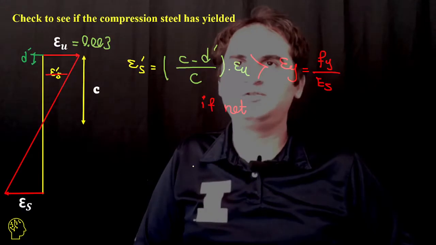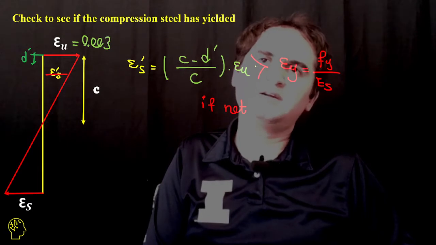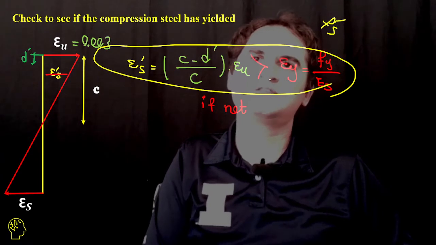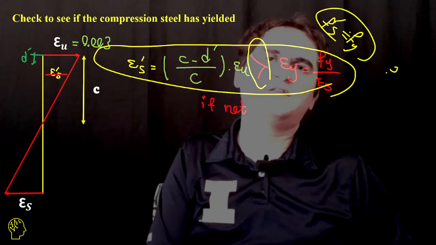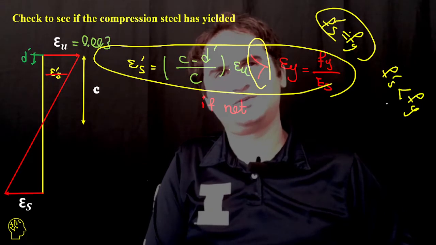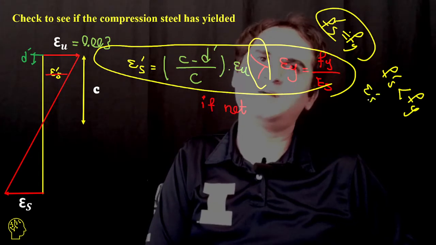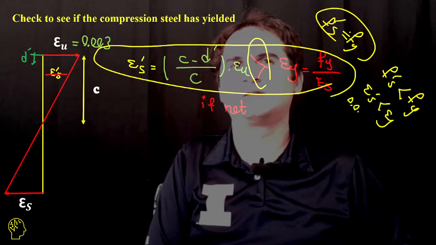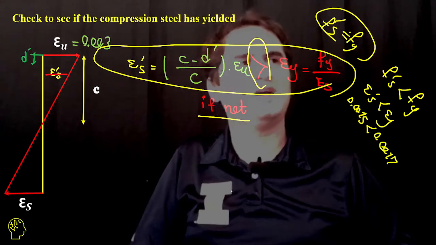If epsilon prime s were bigger, you could replace f prime s by f y. But f prime s is less than f y, as we can easily see in our problem statement: epsilon prime s is 0.0015, less than 0.0017.